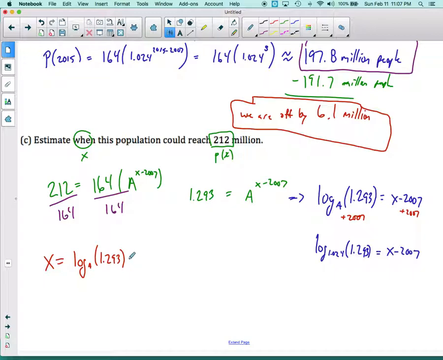And of course this here needs to be changed using the change of base formula, because I don't know what log base a is. So this is going to be rewritten as log of 1.293 divided by log of a, and all of that plus 2007. So let's go to the calculator for that.